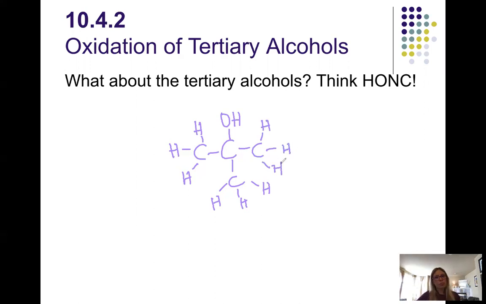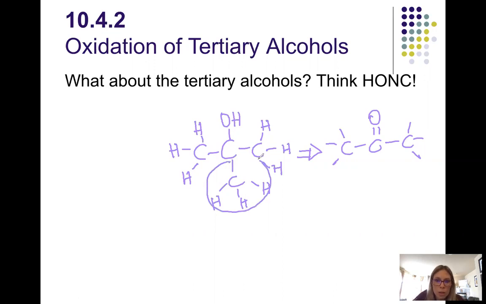Okay, there we go. Now, if you think of what happened with the oxidizing of them before, in order for that carbon to form a double bond with oxygen, so here's my 2 carbons that had their hydrogens coming off of them, we had to drop the hydrogen that had been down here.